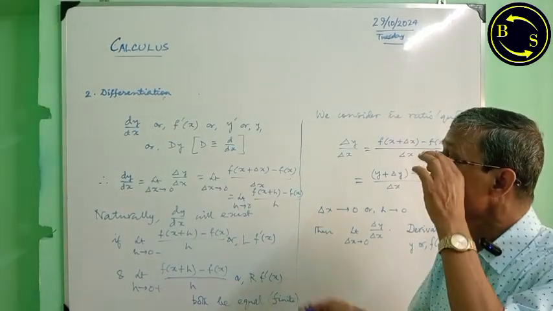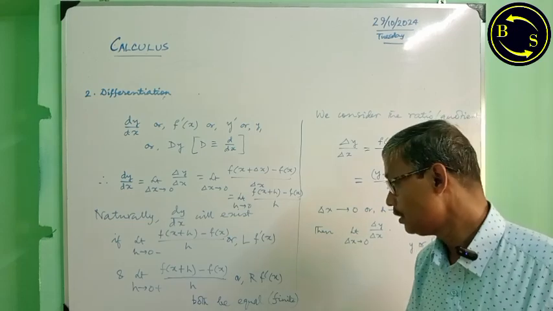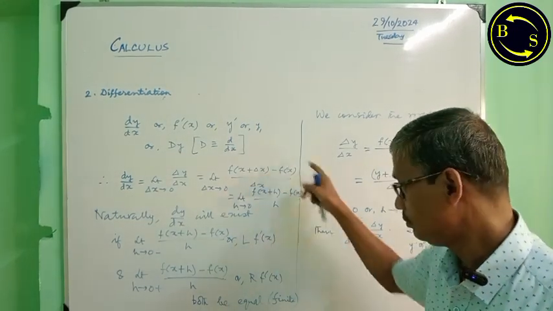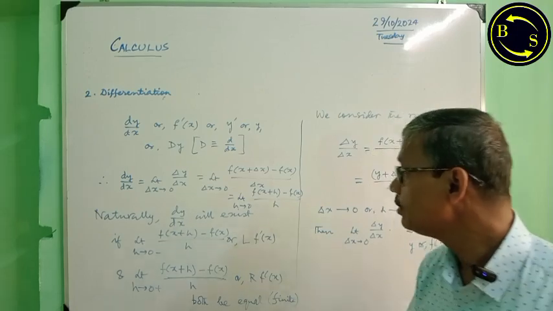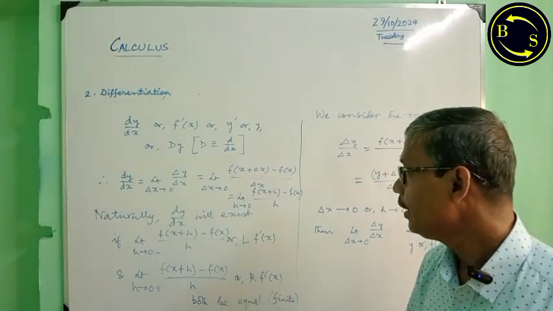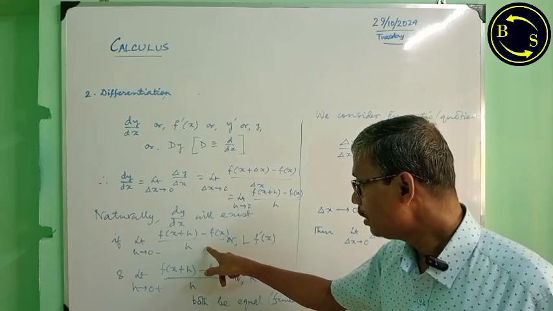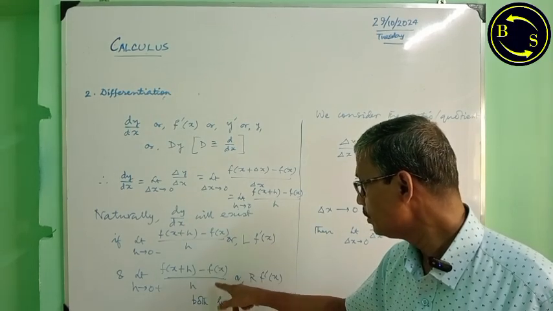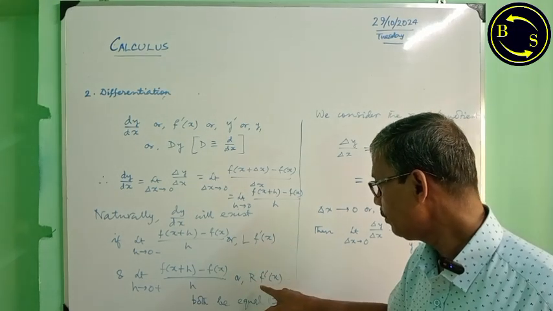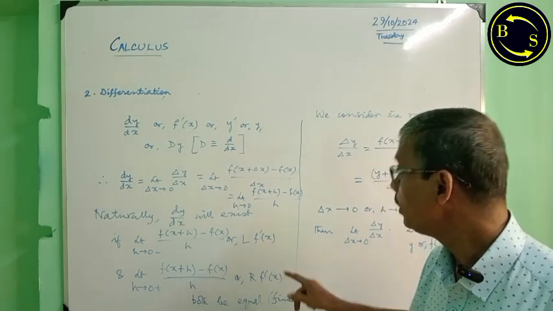Therefore, the derivative of a function y or f(x) is a limit, this one, and this limit will exist, or the derivative will exist, if both the left hand derivative and right hand derivative are equal.